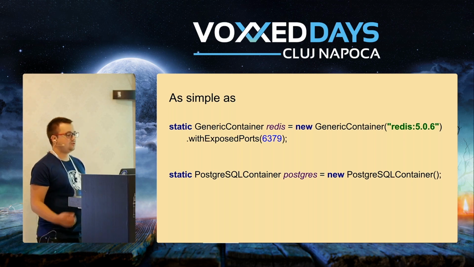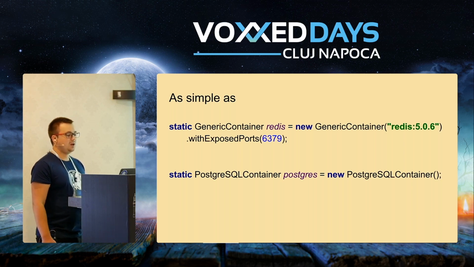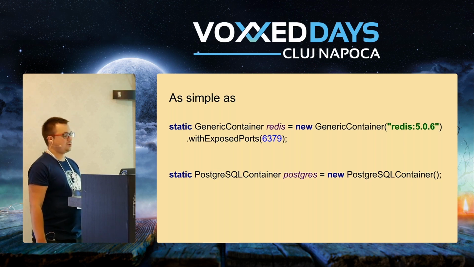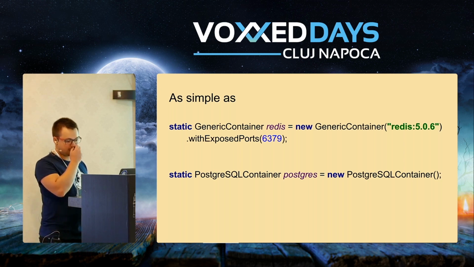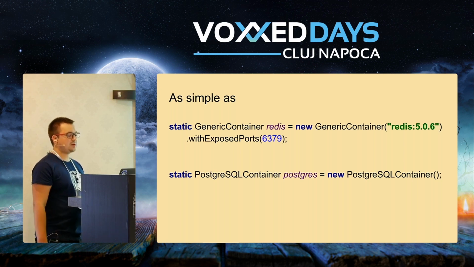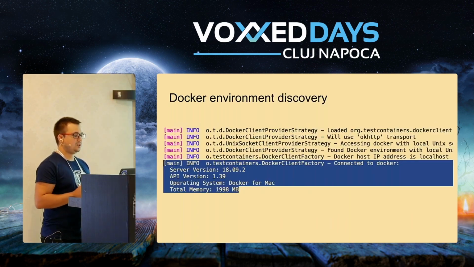And the cool feature is that the life cycle of this container would be bound to your test life cycle. Okay, and the next line is about Postgres container because this library is already a mature library, and it provides you out of the box several databases which are more convenient to use than generic container, which are already pre-configured for you.